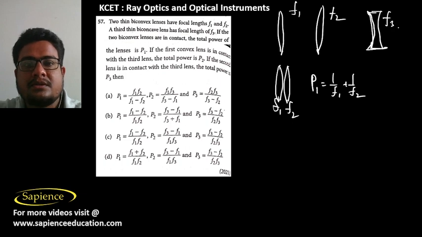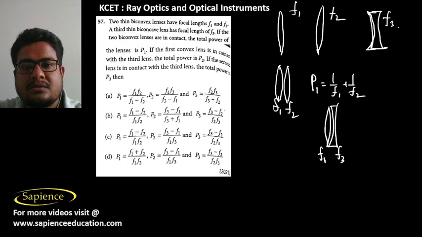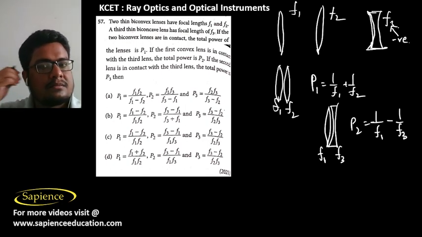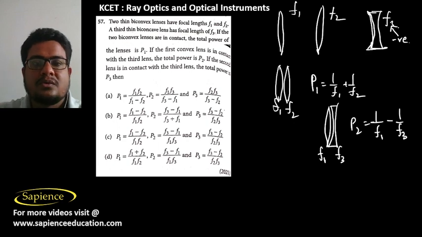And if the first convex lens is in contact with the third lens, the total power is P2. So that will be 1 by f1 minus 1 by f3, since the third lens should have negative focal length.